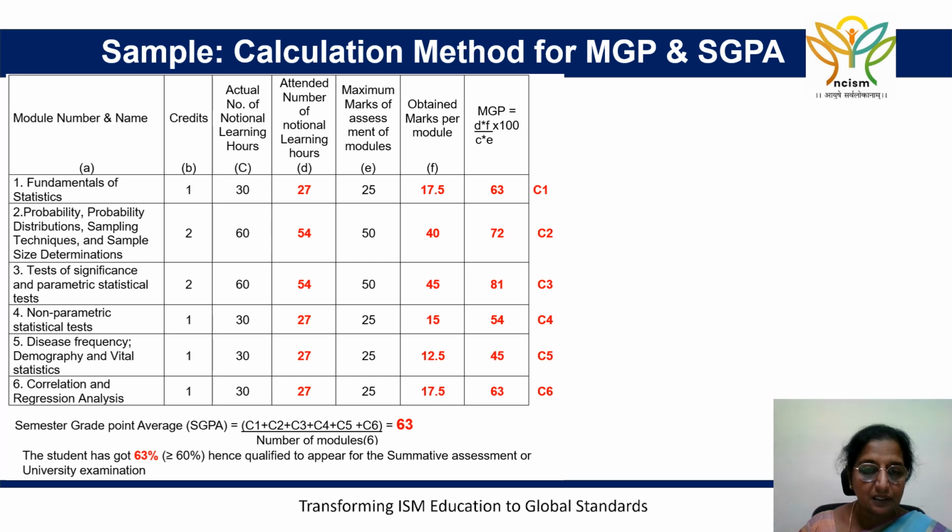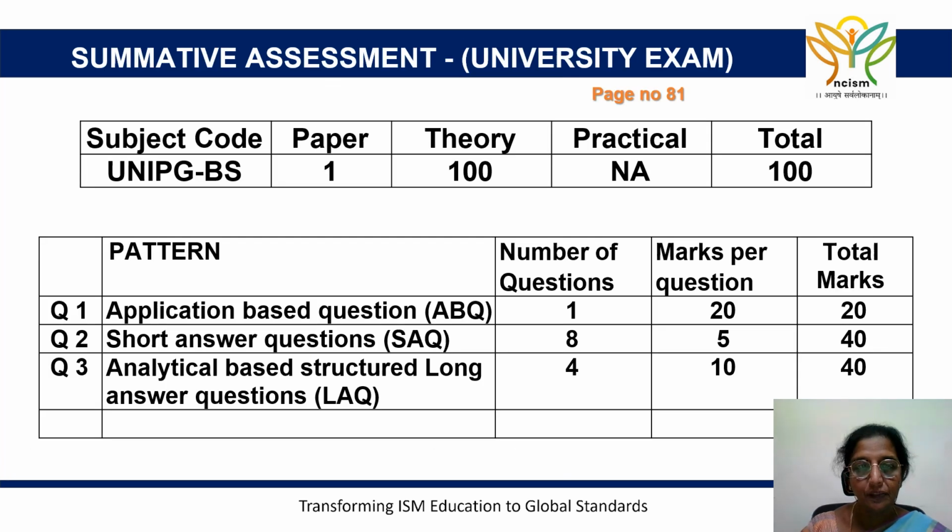The student has obtained 63%, which is greater than or equal to 60%, hence qualified to appear for the summative assessment or university examination.